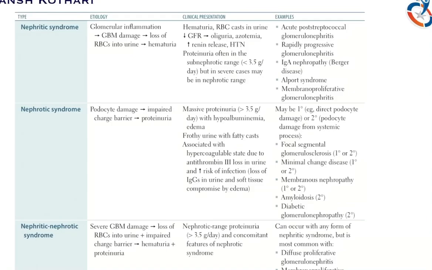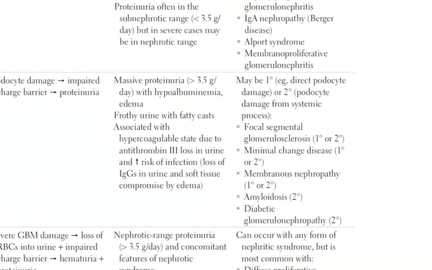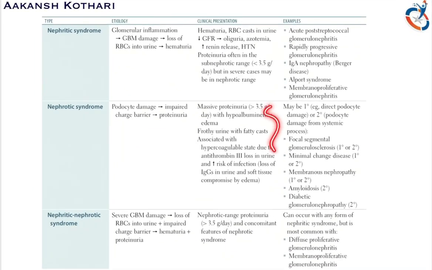Now, the various examples of nephrotic syndrome are focal segmental glomerular sclerosis, minimal change disease, membranous nephropathy, amyloidosis, and diabetic glomerular nephropathy. I'll cover all of these in the module on nephrotic syndrome, so please check that out.